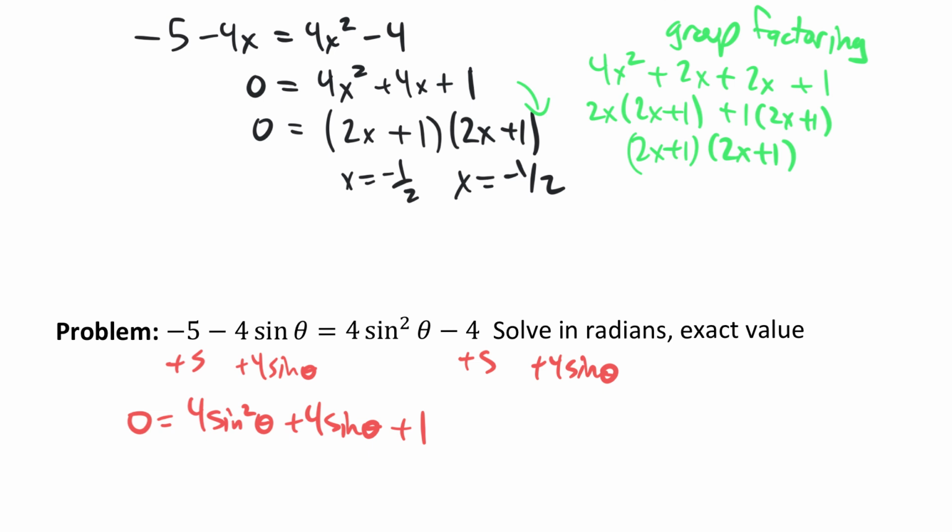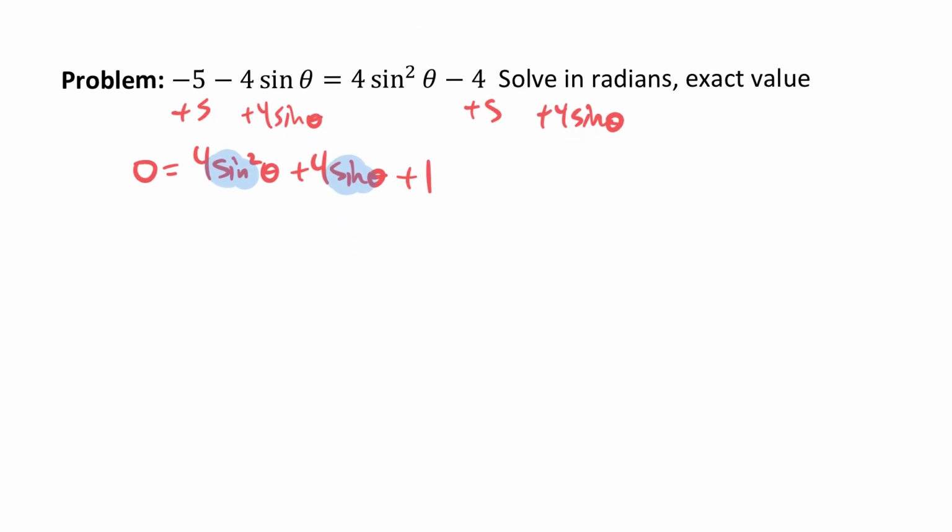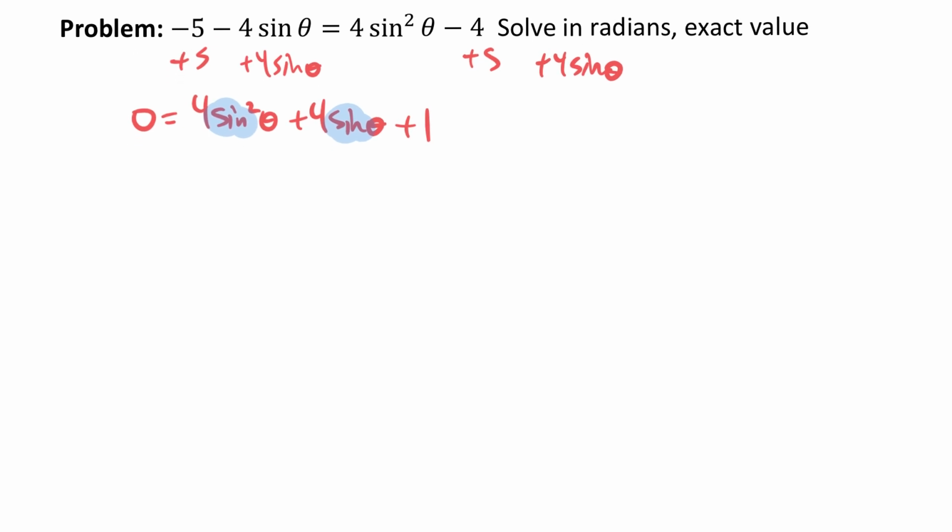It's almost like instead of having an x, we have a sine. So it's like a sine squared instead of an x squared. Maybe I'll do that with a highlighter here. The x and the x kind of take the place of the sine and the sine. And so this almost looks like the exact same equation, and indeed we can use the same principles as before.